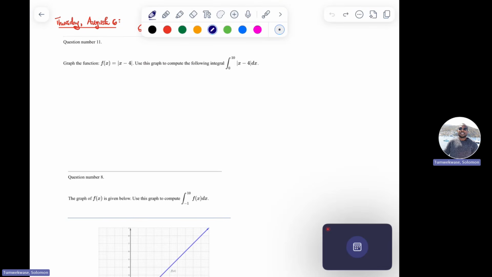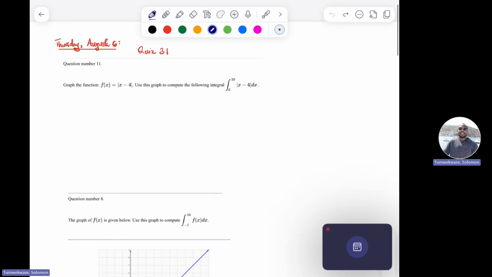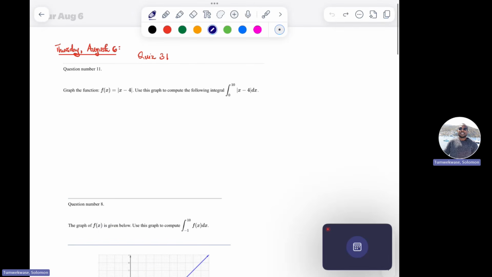In quiz 31, I just chose questions 11, 8, 6, and 5. But of course, if someone joins and wants me to go over some specific question, I'm happy to do that.